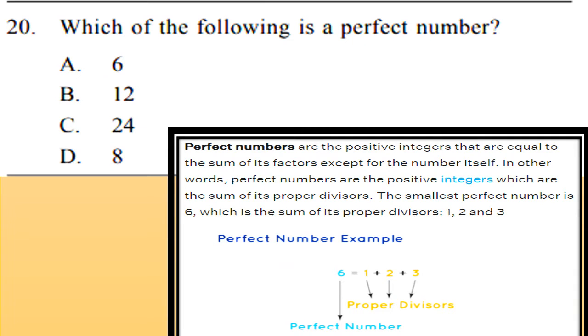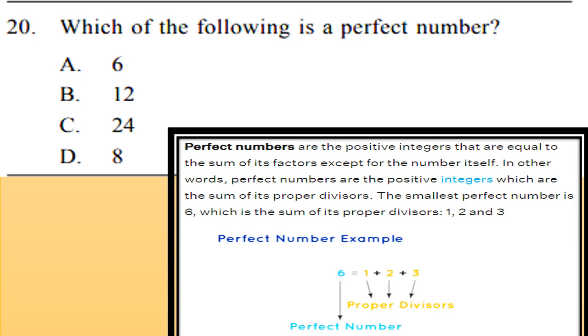Which of the following is a perfect number? Now first let's understand what is a perfect number. Perfect numbers are the positive integers that are equal to the sum of its factors except for the number itself. In other words, perfect numbers are the positive integers which are the sum of its proper divisors.